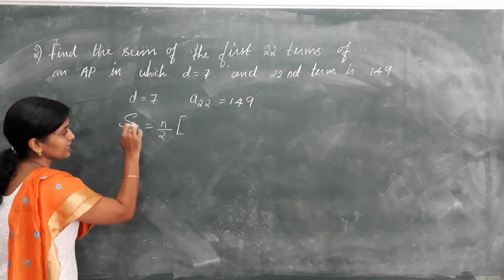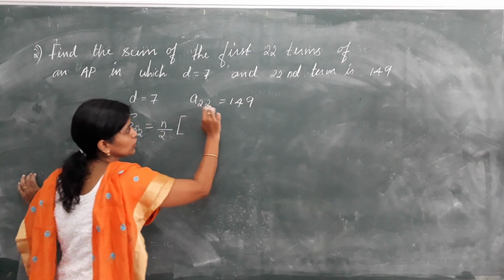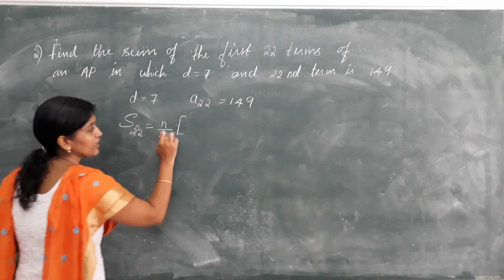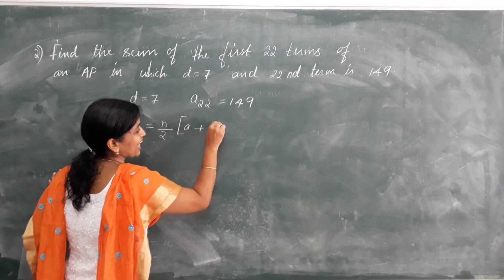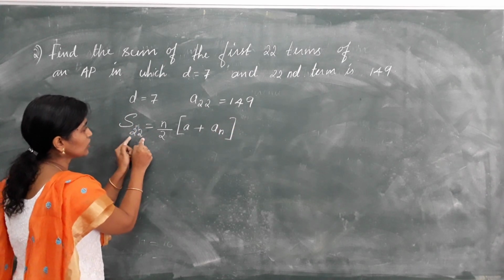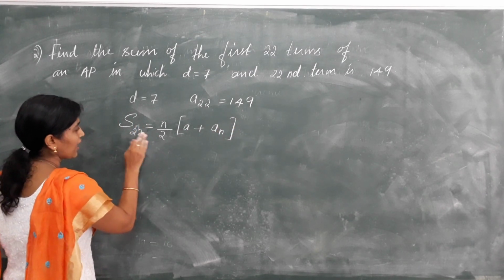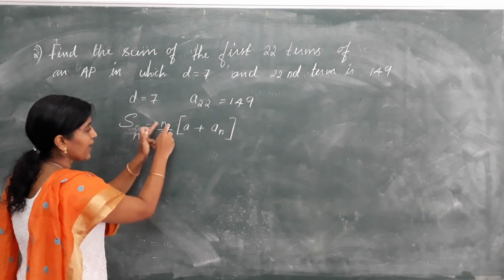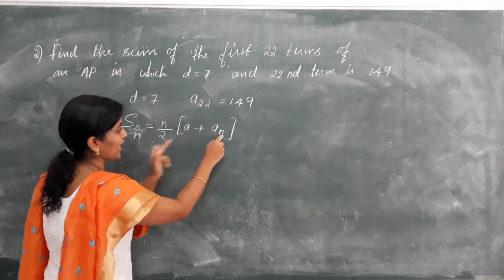So to find S22, since A22 is given to us, you can use the formula n by 2 into a plus an. We are using it because Sn is equal to n by 2 into a plus an.